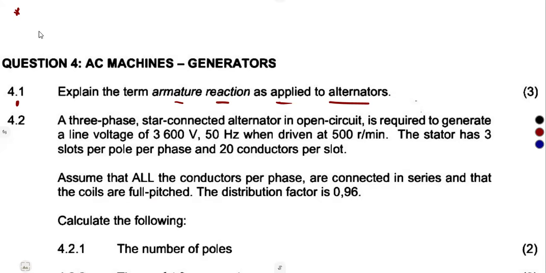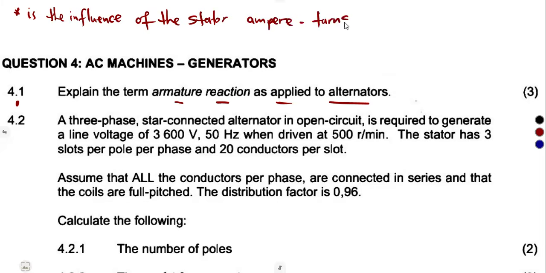So we are simply saying this whole part is the influence of the stator. So there we are talking of what? The stator ampere turns on the value and distribution. And what?